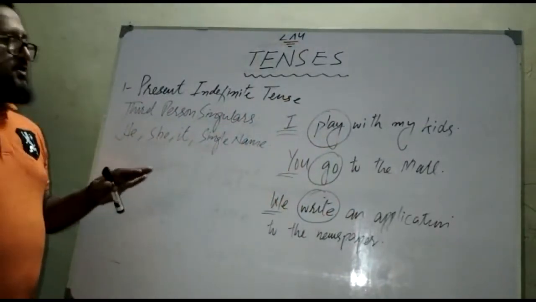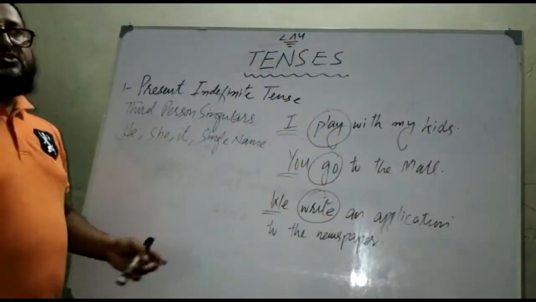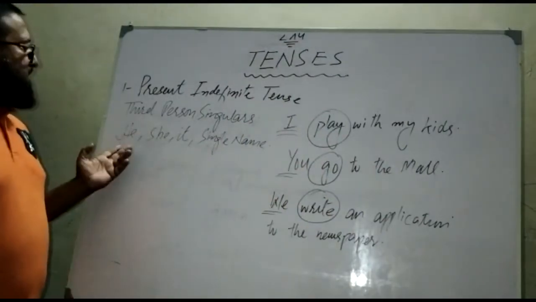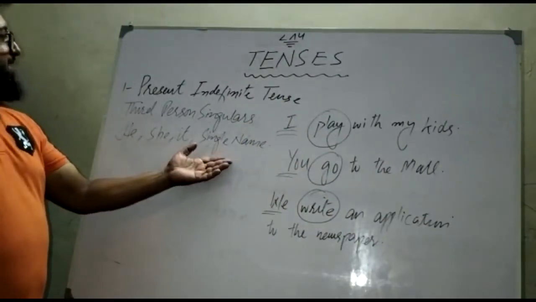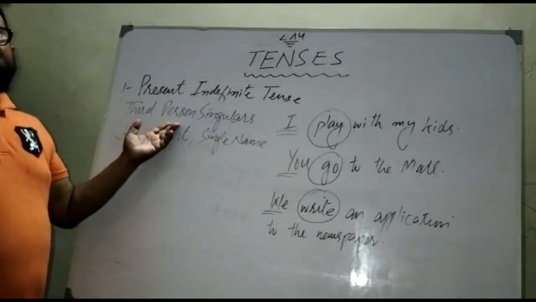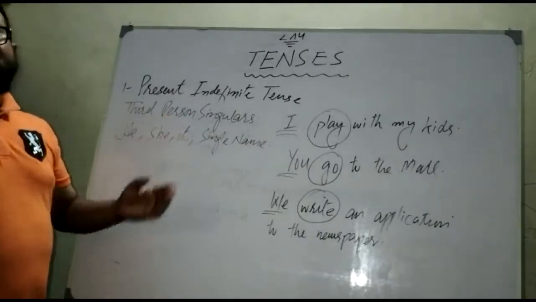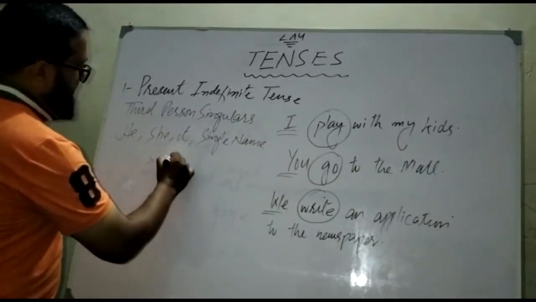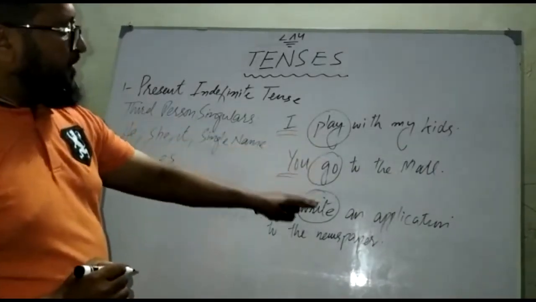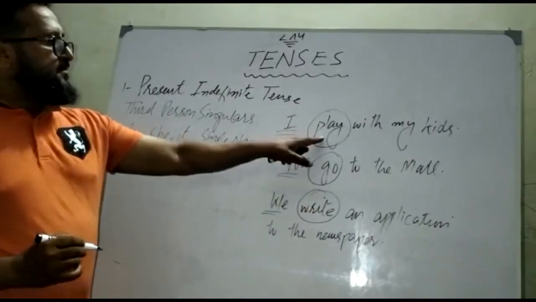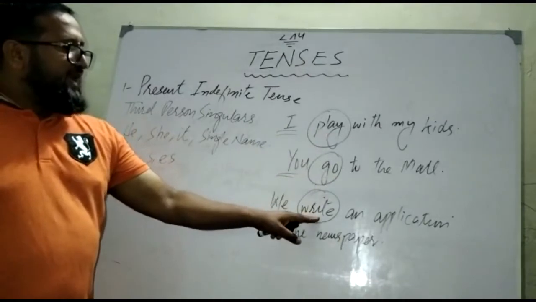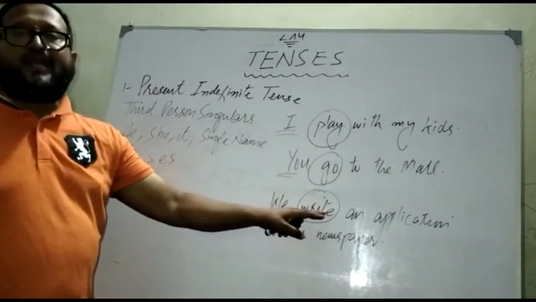When you are making a sentence about these, he, she, it or any single name, these persons are called third persons. Then we will add s or es to these forms of verbs. Play will convert into plays, go will convert into goes, and you will add s and it will become writes.